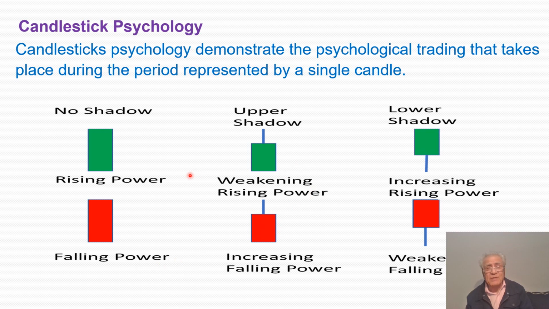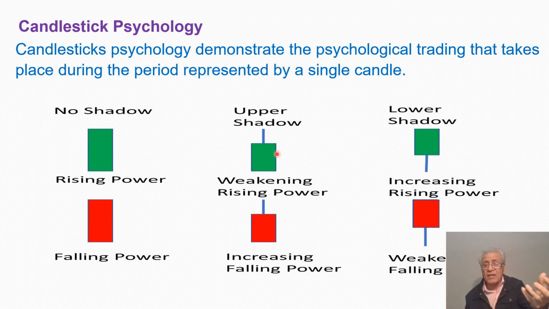Now this is the same candle, but it has some upper shadow, no lower shadow. This upper shadow means the bearish push, the sellers push the price down.